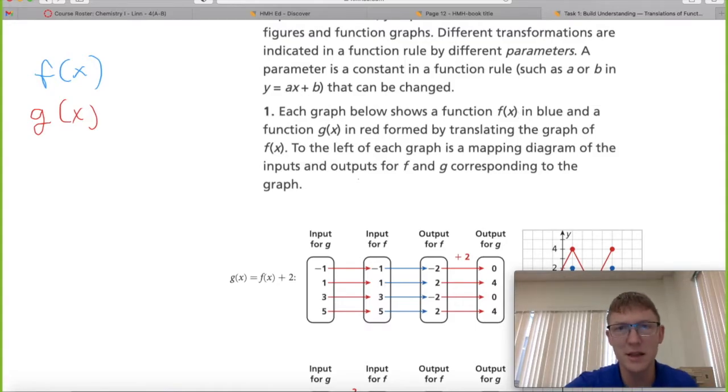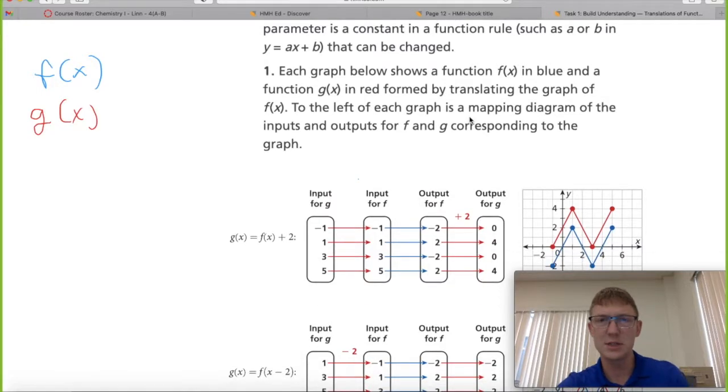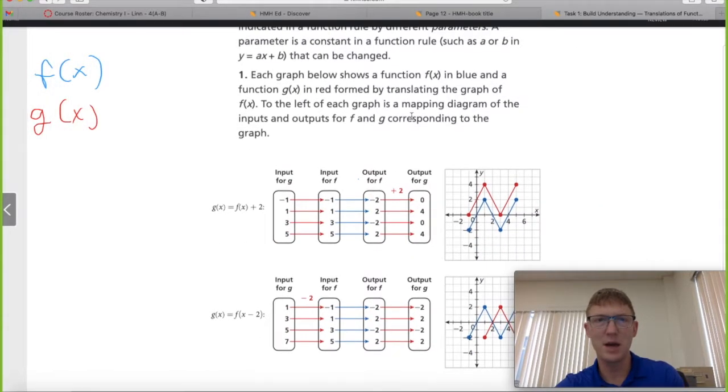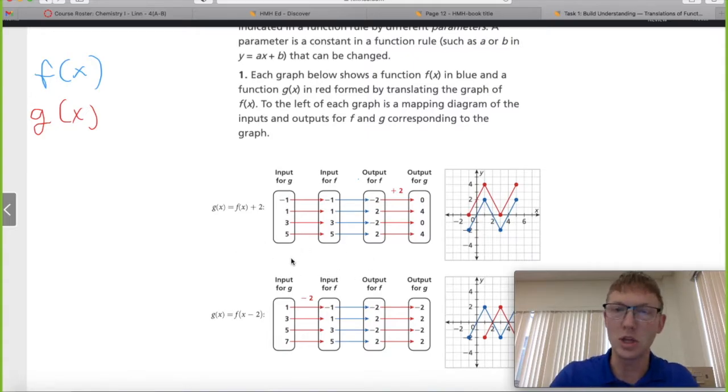So before we get into this, this is going to be very useful for us throughout this class because these transformations are going to appear in many different types of functions. So get used to it. This first part is mechanically how it works, and then there's going to be a chart later on that I will show you that is what you actually have to know and use and manipulate.